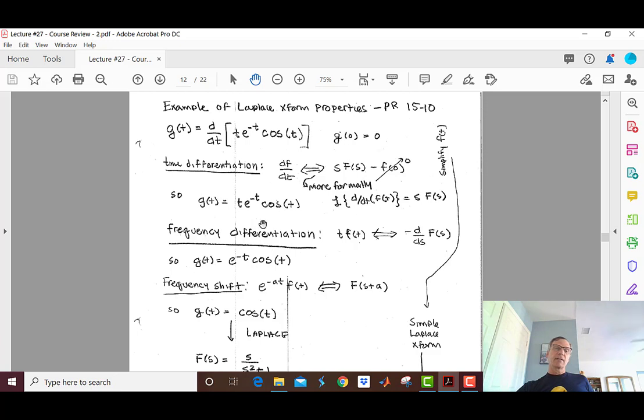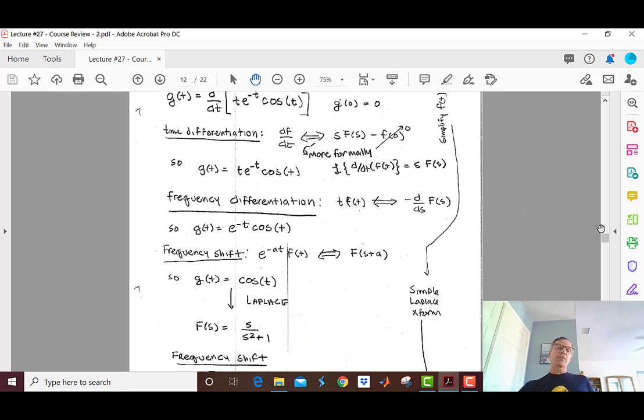So now again, the function that I'm trying to get the Laplace transform of is just e to the minus t cosine t. Now, since you're all real familiar with table 15.1 because of all the homework problems you've been doing, you'd say, hey, professor, that one's in the table, but I'm going to pretend like it's not because I can use another property here. It's called the frequency shift property.